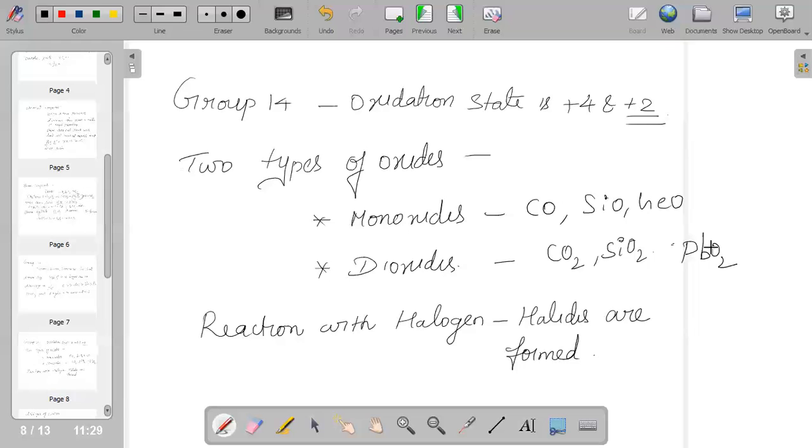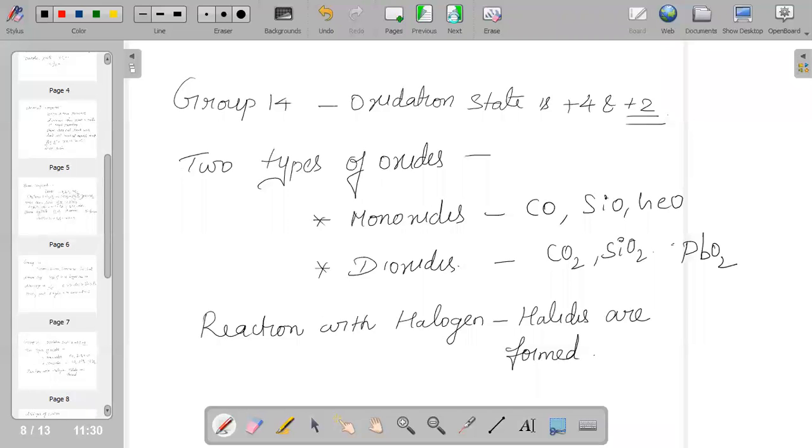Lead, Pb, does not react with water because of the formation of a protective layer of oxide on it. When these elements react with halogens, it is very simple: halides are formed.